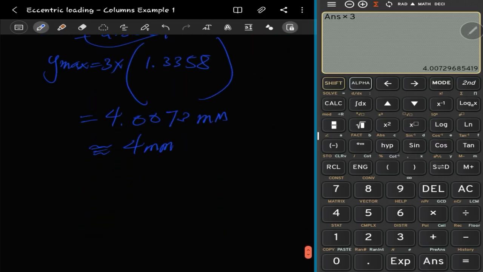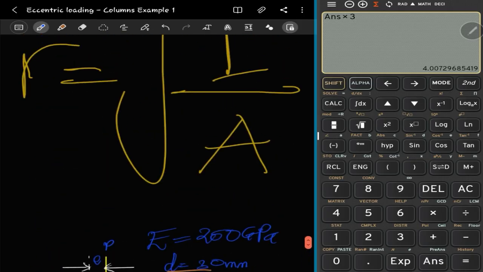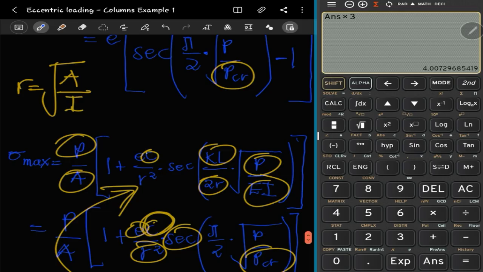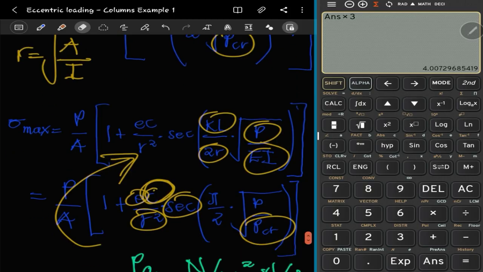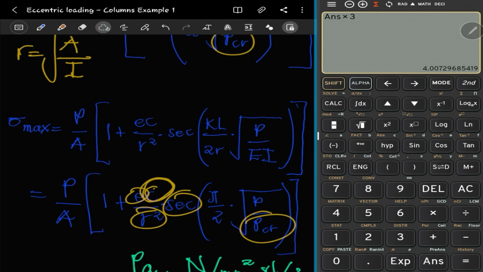Okay, the next thing for us to do is to find the maximum stress. And because the end conditions have not been specified, there's no need for us to even find the critical load and everything, right? So we use this first equation. We're just going to copy that and use it.